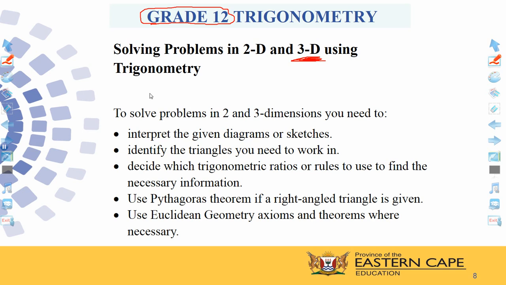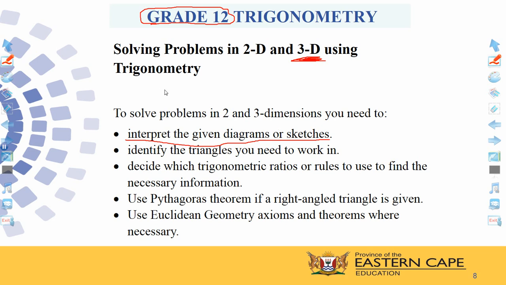All right. So basically, to solve problems in 2 or 3 dimensions, you need to do the following. 1, you need to interpret the given diagram or sketches. I always say do that together with the statement which was written above the diagram. Remember, the first thing is the statement followed by a diagram. Sometimes there are pictures if the problem is from technical field or is realistic, and after that there will be questions.